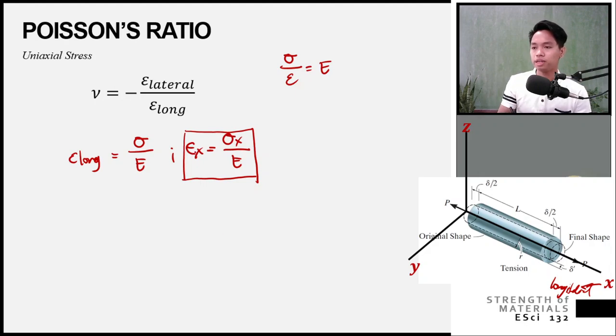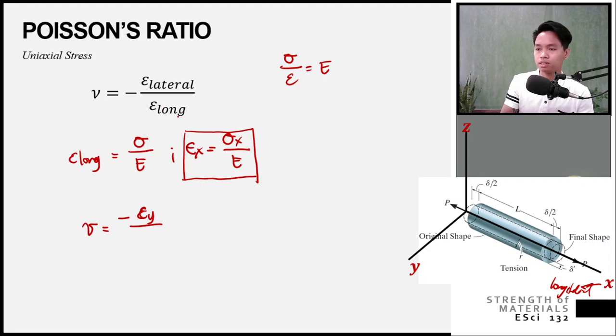Alright, so since we already have your strain at X, we can solve for your strain at Y and strain at Z using your Poisson's ratio. Your Poisson's ratio is equivalent to negative lateral strain over longitudinal strain.